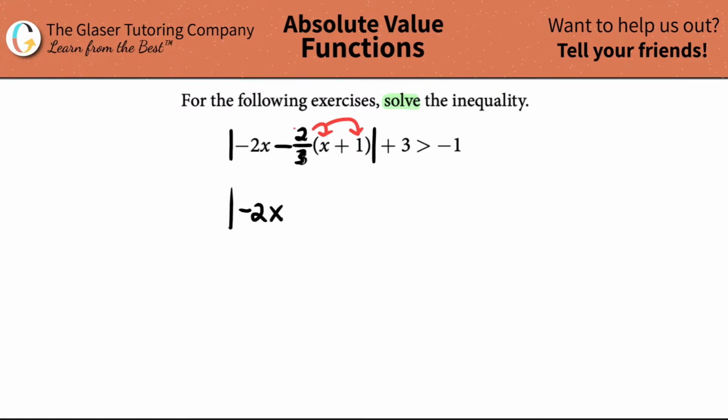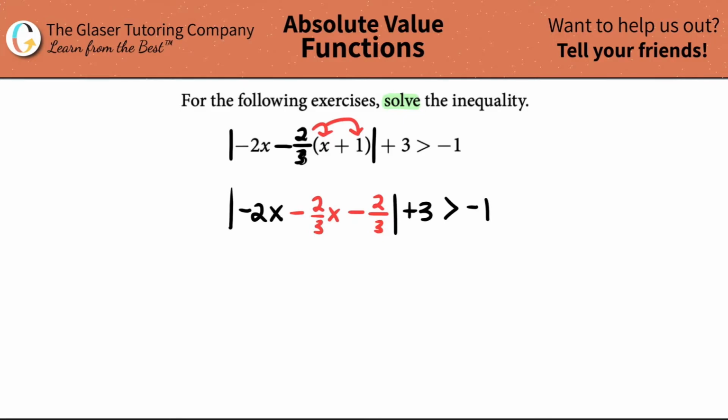Now I'm going to distribute: negative 2 over 3 times x is minus 2 over 3x. And then negative 2 over 3 times a positive 1 would be minus 2 over 3. And that's the end of the absolute value, and then plus 3, which is all greater than negative 1.